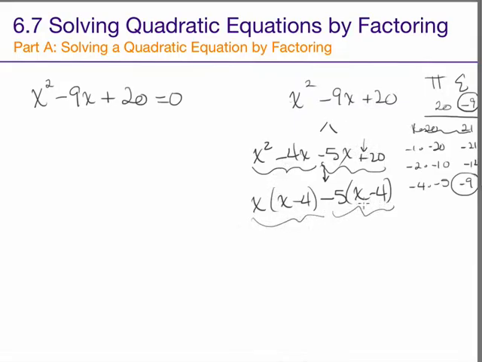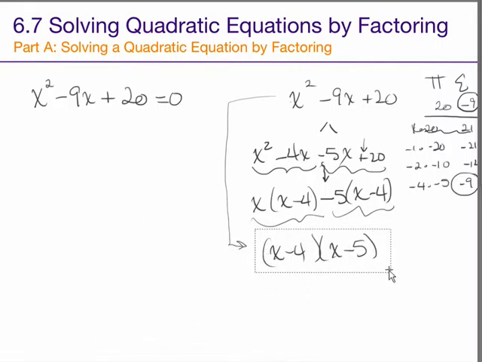Greatest common factor here is x minus 4, and what's left over is x minus 5. So I've taken just the left-hand side of my equation, written it over here, and on scratch paper essentially, found a different way to write it. I can write x squared minus 9x plus 20 as x minus 4 times x minus 5.